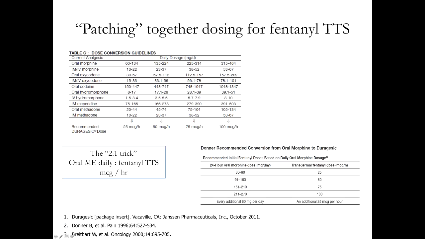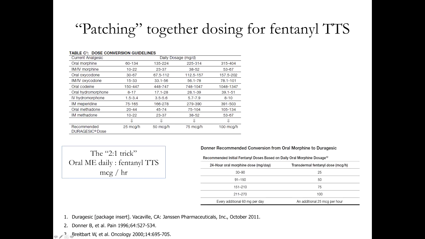You do need to know that there is a 12.5 or 12 microgram per hour patch that is available for patients who are on lower oral morphine equivalent doses. Most of us in the pain community will actually use the Breitbart method, which is the 2-to-1 trick. And basically we'll say whatever the oral morphine equivalent dose is per day, divide that by 2, and that's their fentanyl dose. I guess we got to make sure that we have that straight, right?